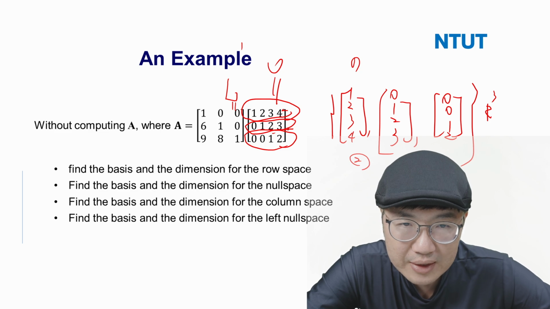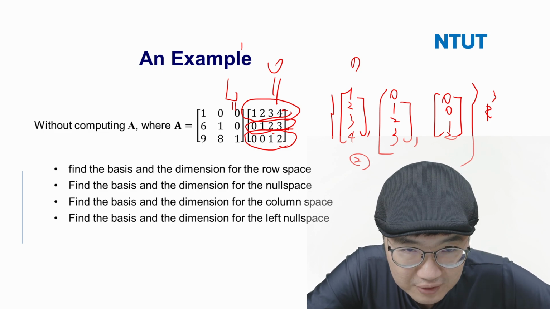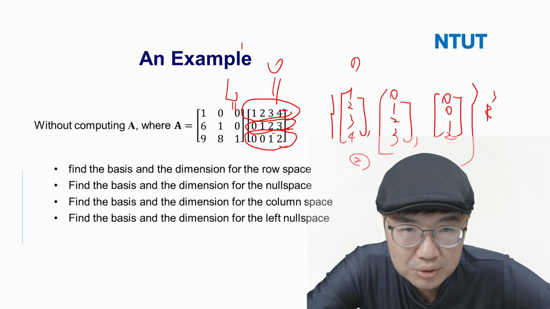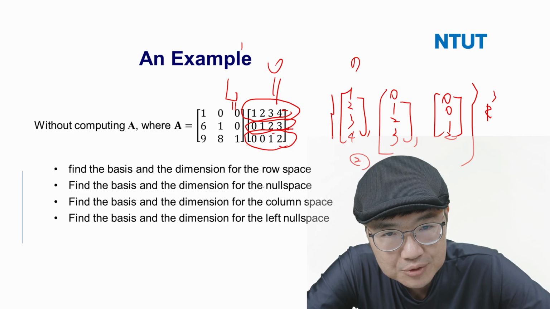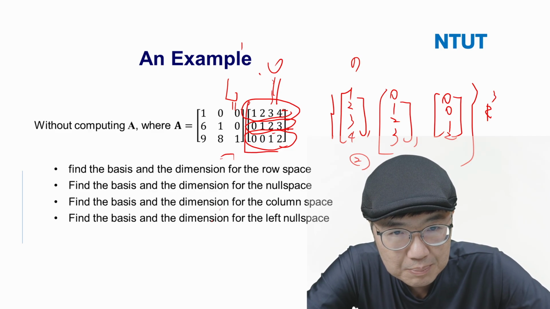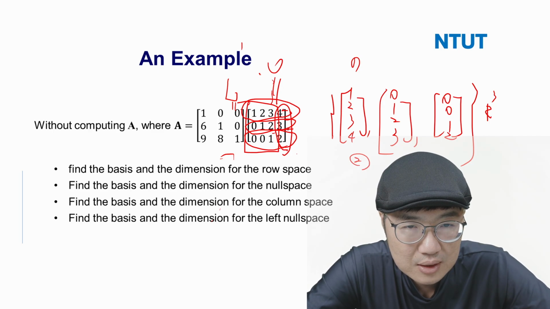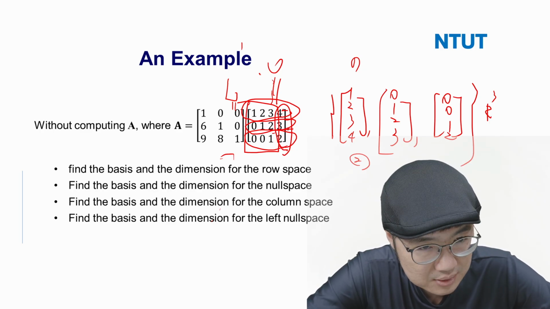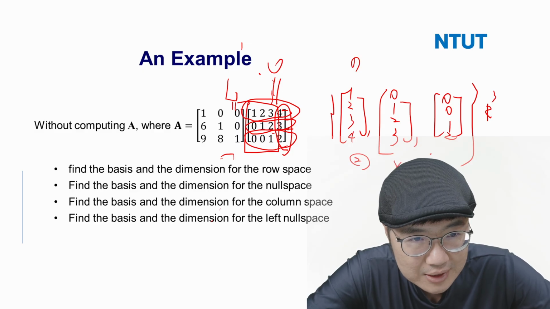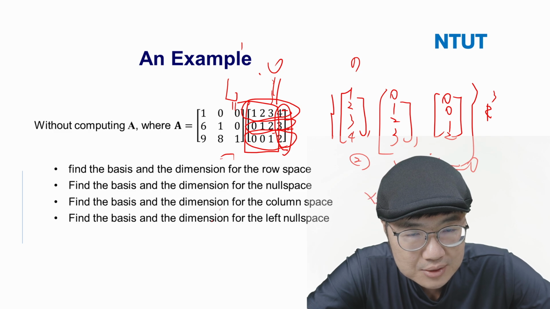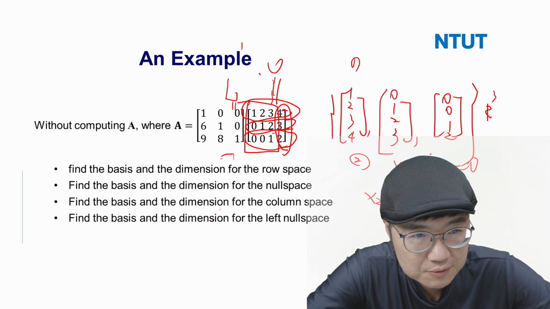As for the null space, we need to find how to make Ax equals 0. So we have to break down the pivot variables and the free variables. From the information there, x3 plus 2x4 equals 0. x2 plus 2x3 plus 2x4 equals 0.